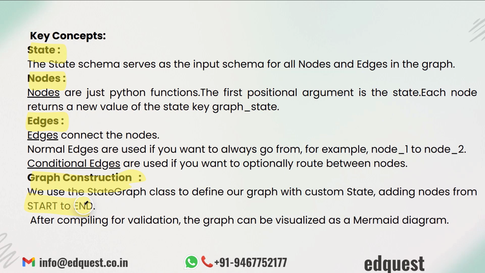Optionally compile the graph to validate your structure, and finally you can visualize it like a mermaid diagram, which is great for understanding the flow visually. Now a quick recap: state holds your data, nodes do the thinking and acting, edges define the flow, and the StateGraph class ties it all together into one coherent agent.